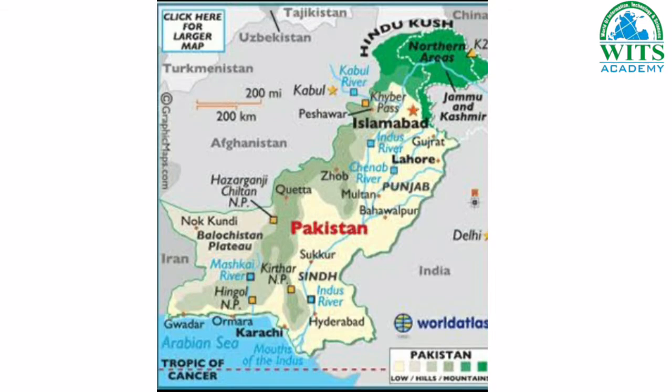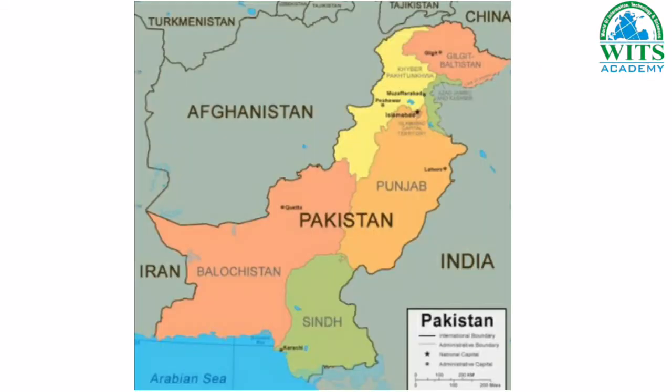Students, Pakistan is present in South Asia, and the neighboring countries of Pakistan are Afghanistan, China, Iran, and India. Iran and Afghanistan are located in the west, India is in the east, China is in the north, and Pakistan is bordered by the Arabian Sea to the south.